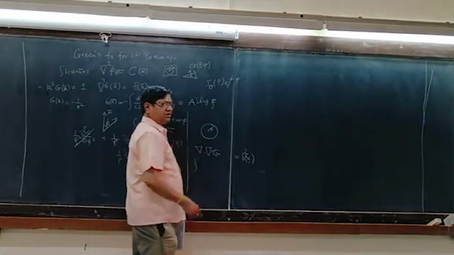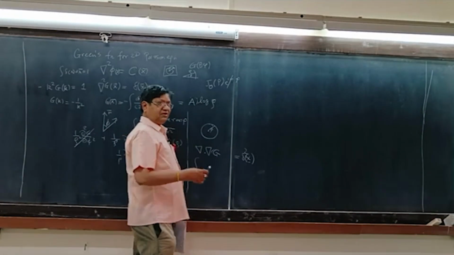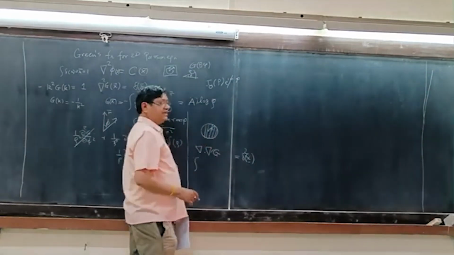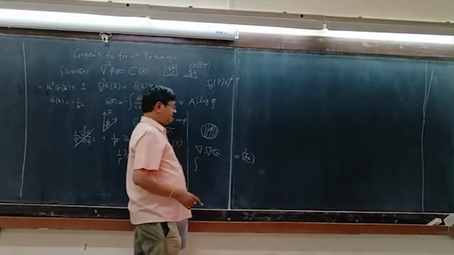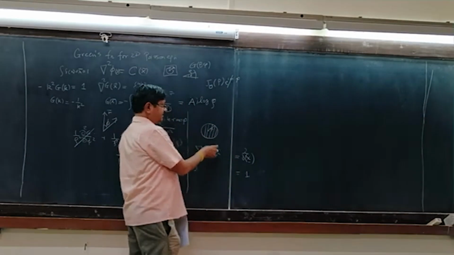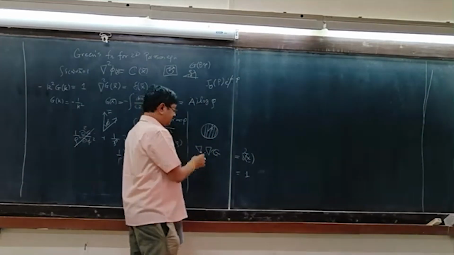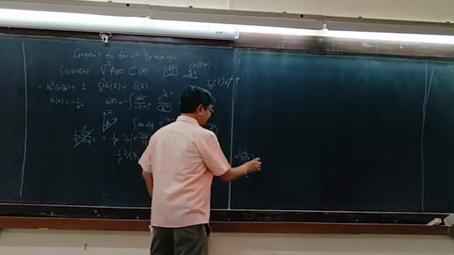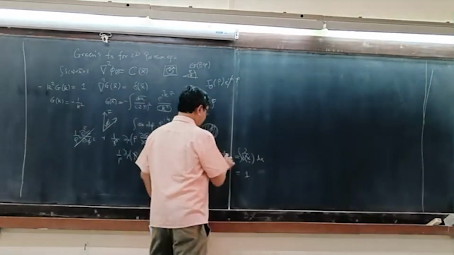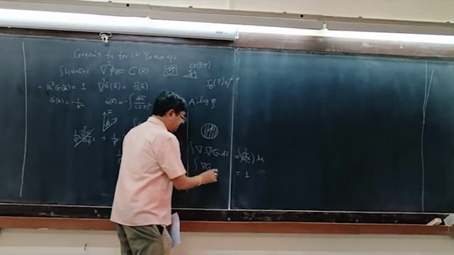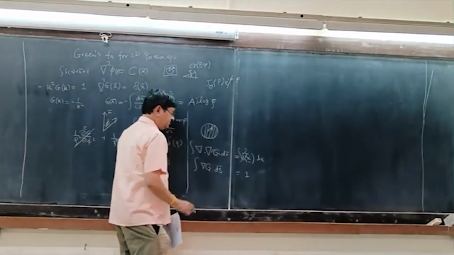So that will give me, integrate both sides over this area. What will I get? The volume integral is 1 because the delta is inside, but the left hand side, so I am integrating both sides over volume. Left hand side is grad G dot ds.